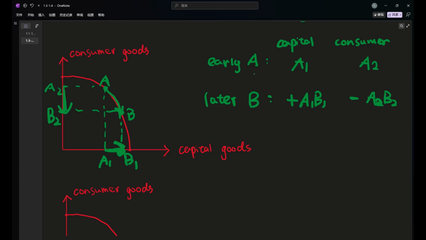That's a cost. And you know what? Actually, A2, B2 is called the opportunity cost of increasing the production of capital goods by A1, B1. That's called the opportunity cost in PPC.